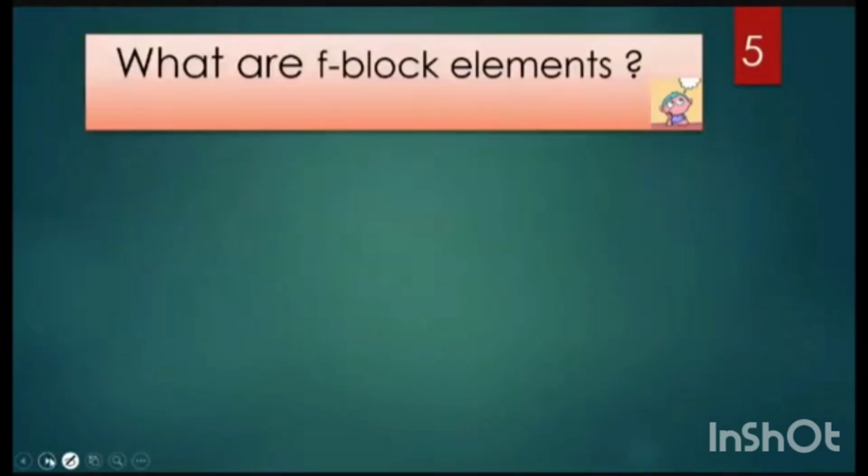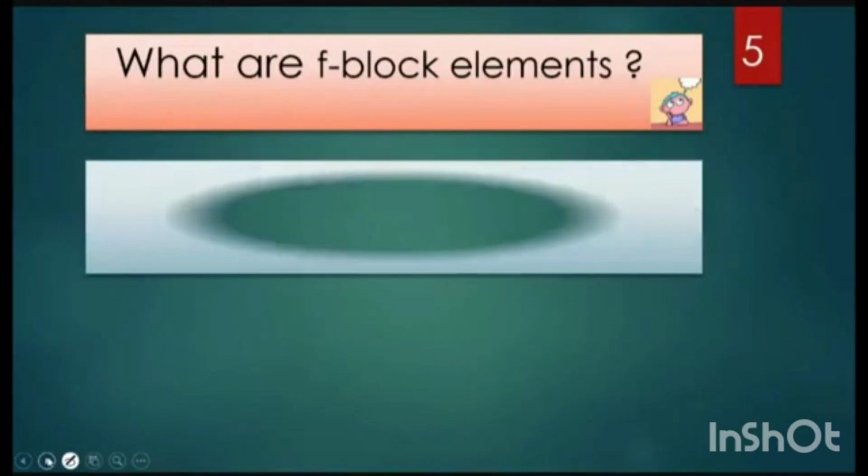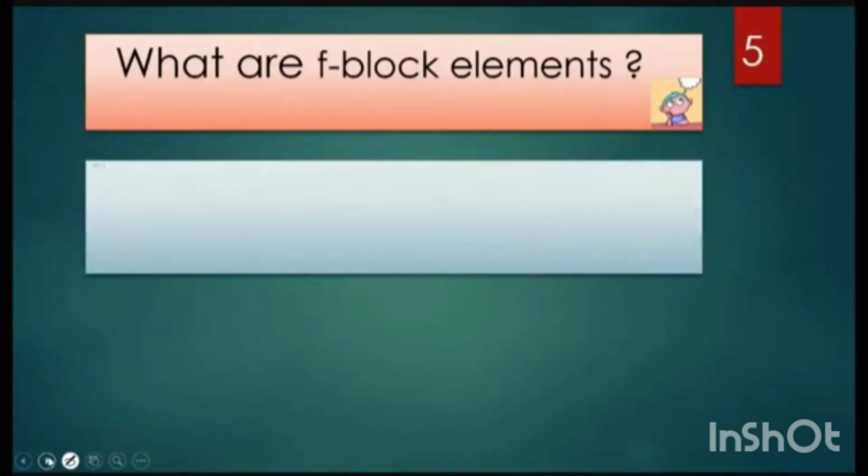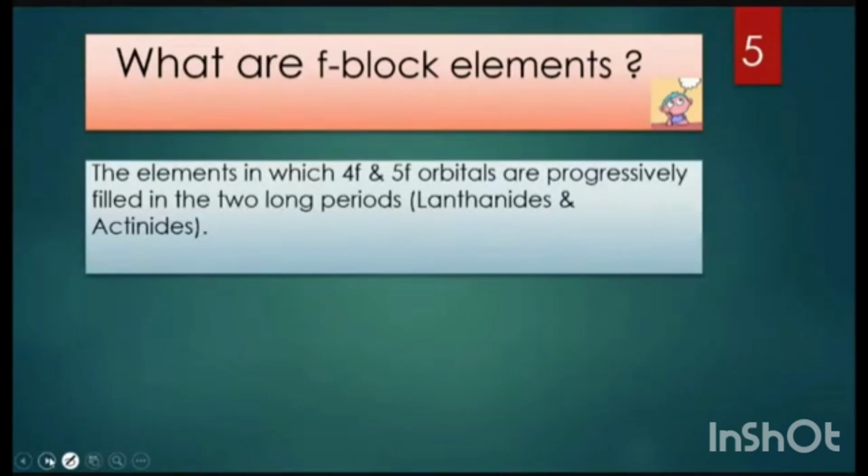Let's move on to the next slide. And what are F block elements? Here the definition is: the elements in which 4f and 5f orbitals are progressively filled in the two long periods. F block elements contain two series, the lanthanide series and the actinide series.